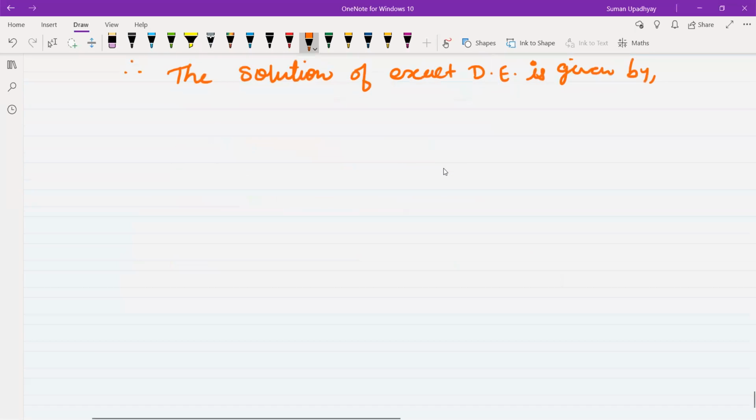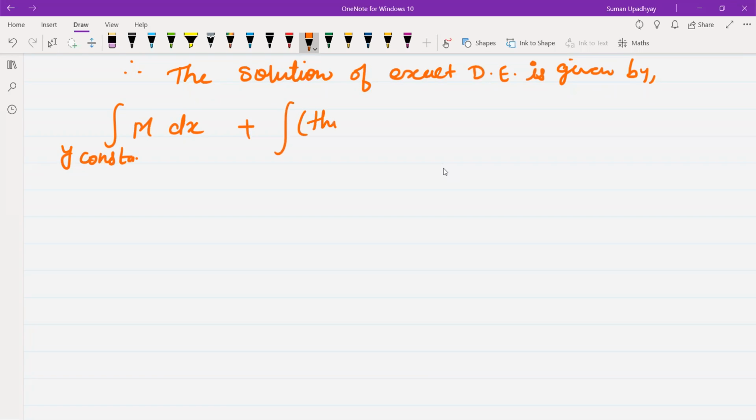The formula was integration of M with respect to x, treating y constant, plus integration of those terms of N not containing x, with respect to y, equals integration constant.